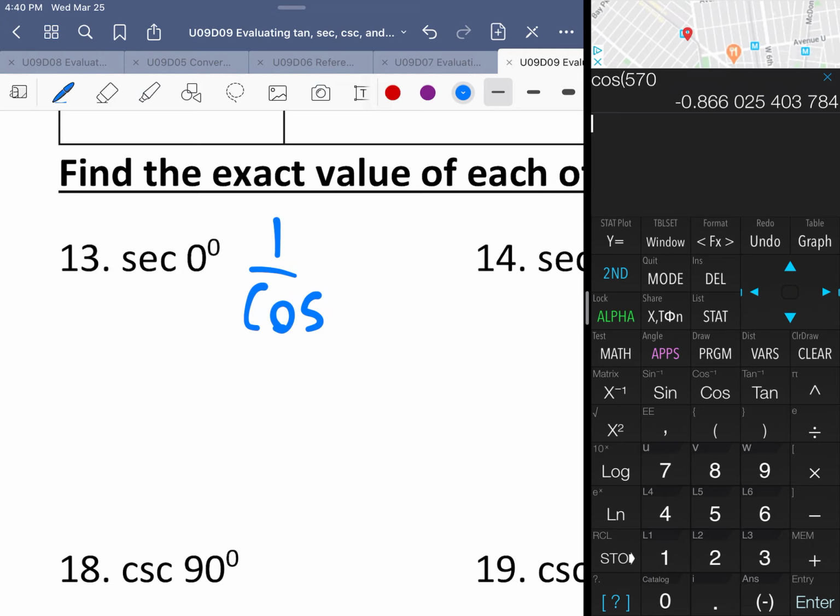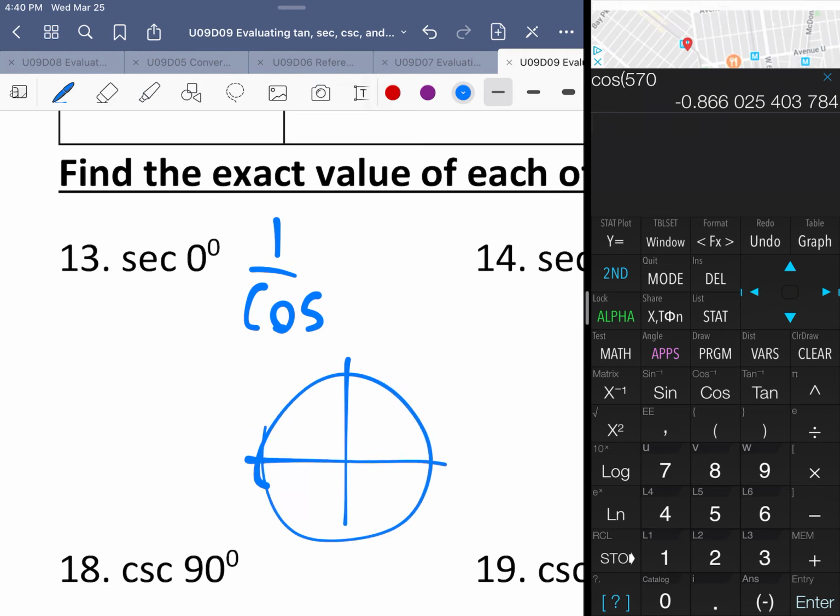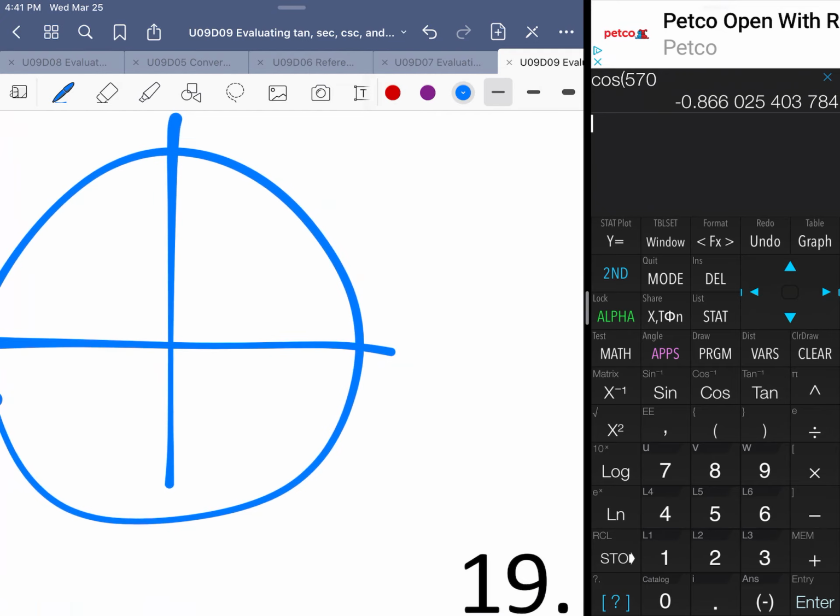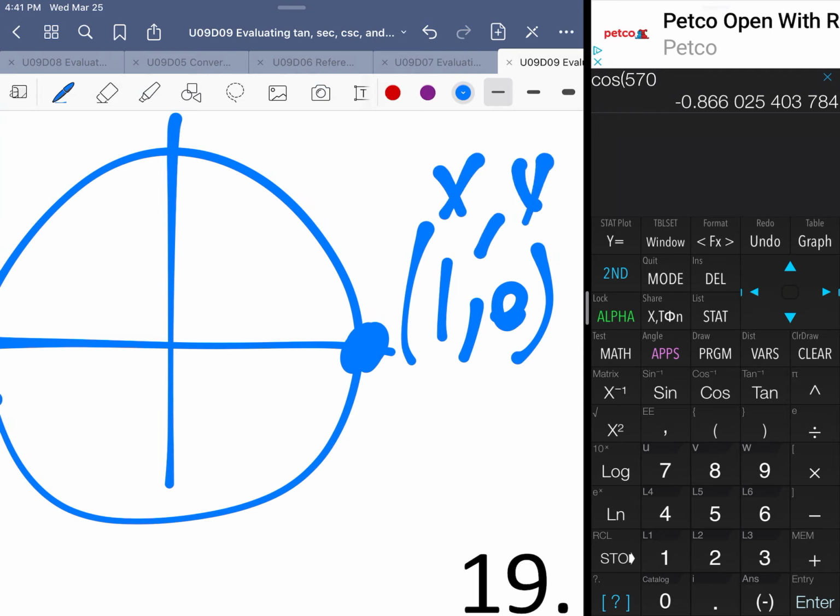So for 0 degrees, looking at our graph, as we might remember from yesterday's lesson, we're doing 0 degrees, which is over here. The coordinate here is 1, 0. That's our x and y, and we also know that x is cosine of the angle and y is sine.